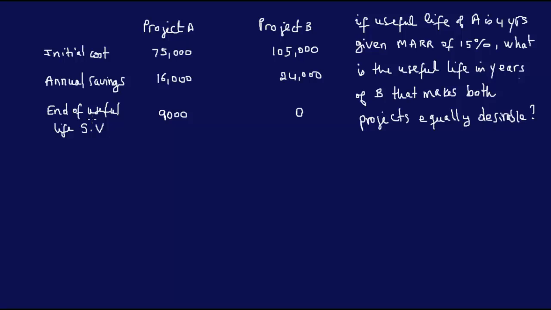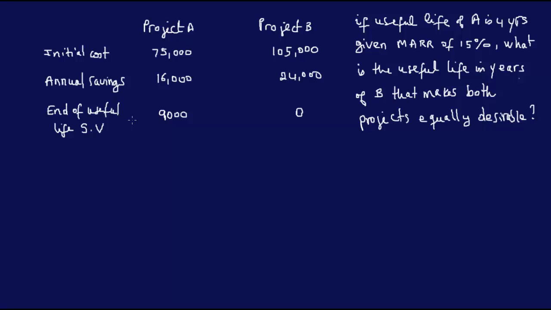Here, the easiest way is to bring everything into annual value, because we have annual savings already. That would make it a lot easier, but either way you go at it, we should expect the same end result.